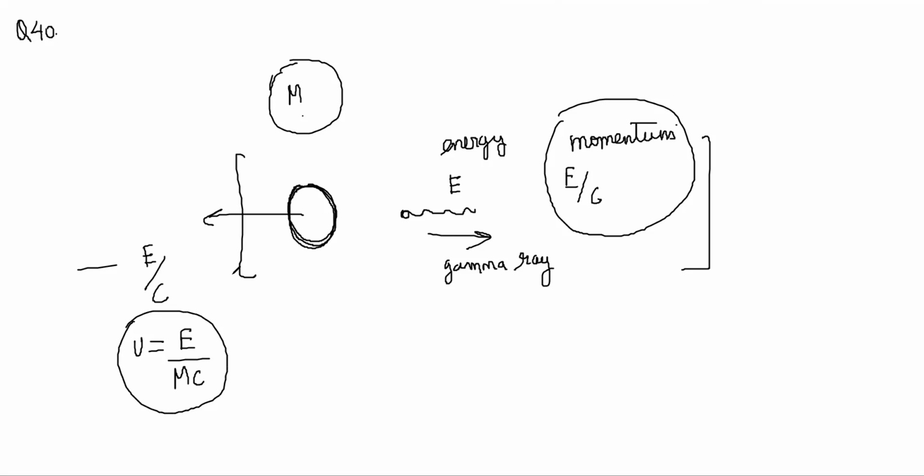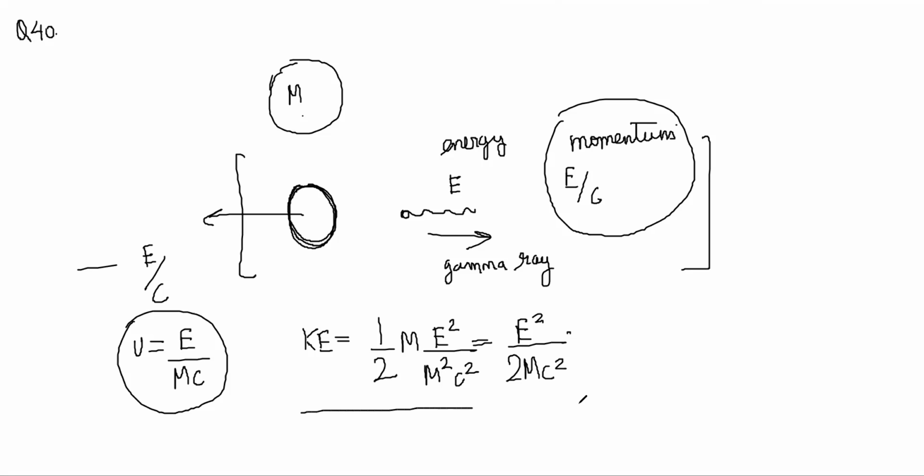Makes sense. So the kinetic energy of the nucleus is half into m into E square by m square c square, that is E square by 2mc square, right? This is the final kinetic energy of the nucleus.